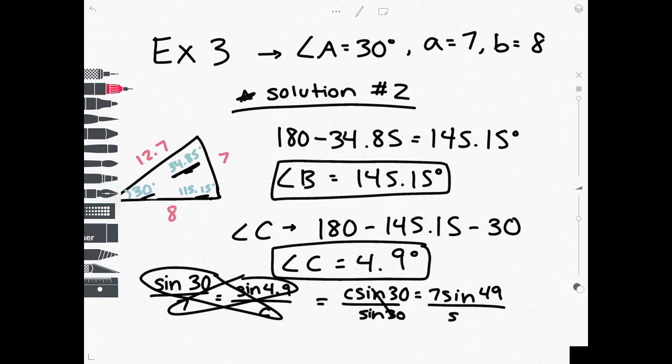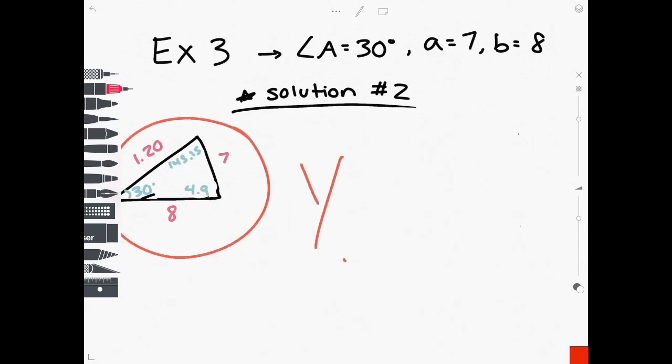So by dividing by sine 30 on both sides, you can get 7 sine 4.9 over sine 30. So C is equal to 1.2. So this is our final solution.